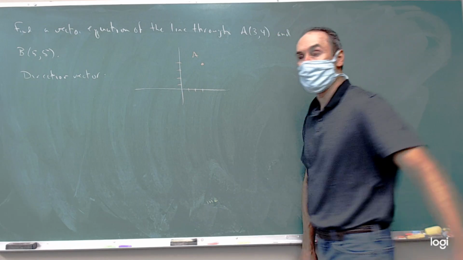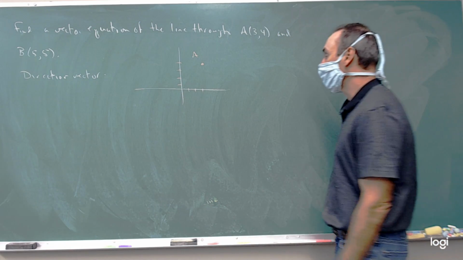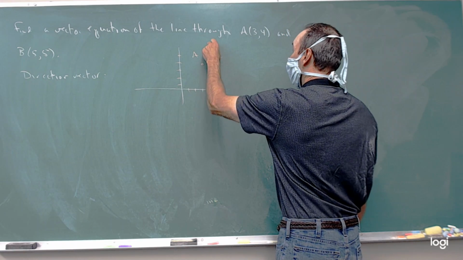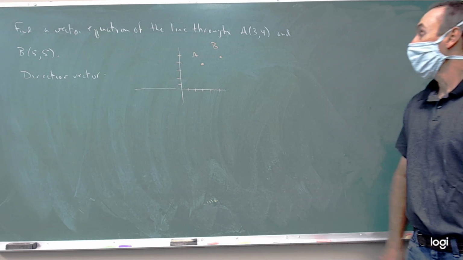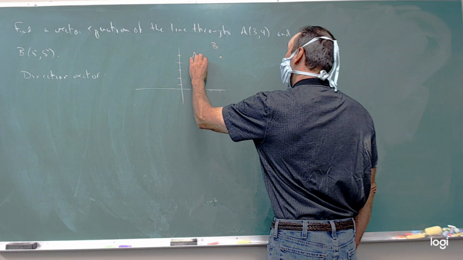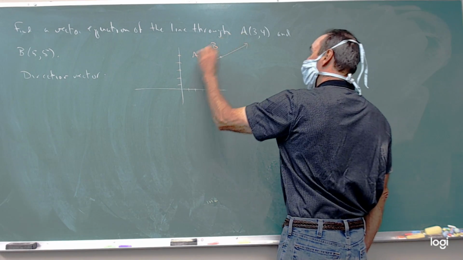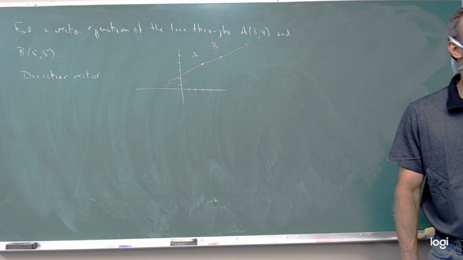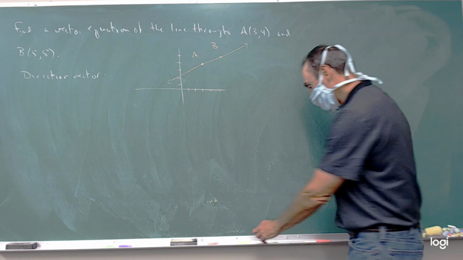So there's A. B is at 5, 5. And we're trying to come up with an equation of the line through A and B. Something like that. Okay?